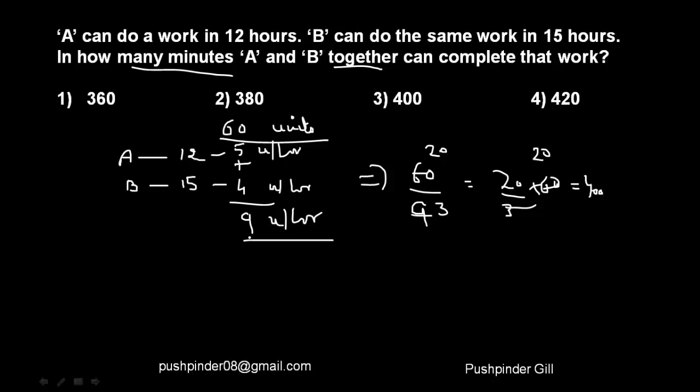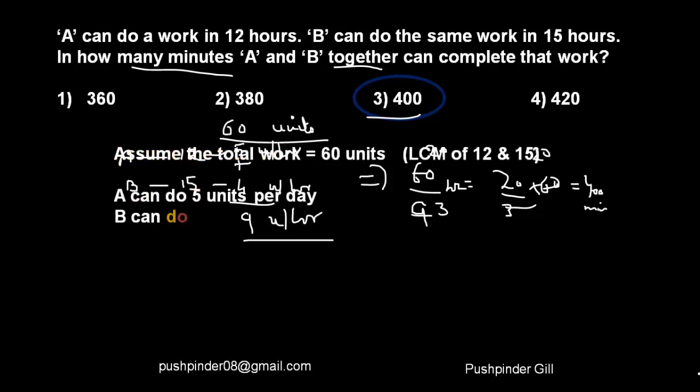Together they finish 9 units every hour. So if the work is of 60 units and they're finishing 9 units every hour, this many hours are going to take them to finish the job. And if I have to convert hours into minutes, I have to multiply by 60. So I got my answer as 400. I hope you're understanding. We're going to do some more questions for you to become familiar with this technique.